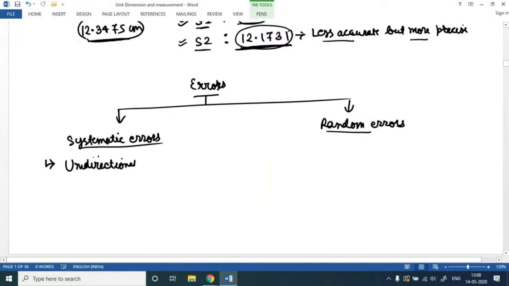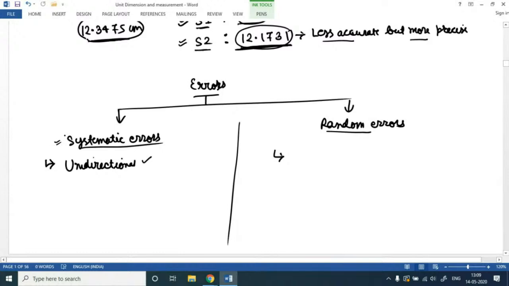That is, it tends to be in one direction, either positive or negative. In some cases, some systematic error would be always positive, some systematic error would be always negative. So that is unidirectional, whereas the random error will not be having one proper direction. So let's first talk about systematic error first, then we will talk about random errors.